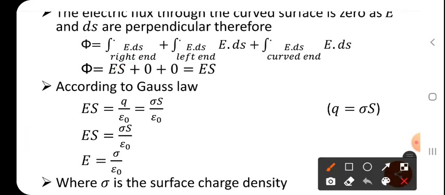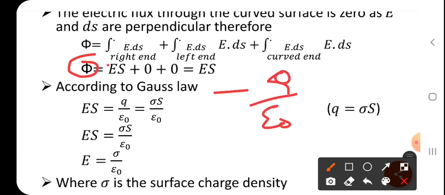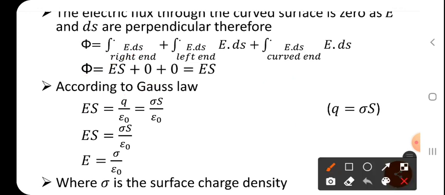According to Gauss law, phi is equal to Q by epsilon naught. And just now we got phi equal to ES. So ES is equal to Q by epsilon naught. Next, Q can be written as sigma S. How is it sigma S?